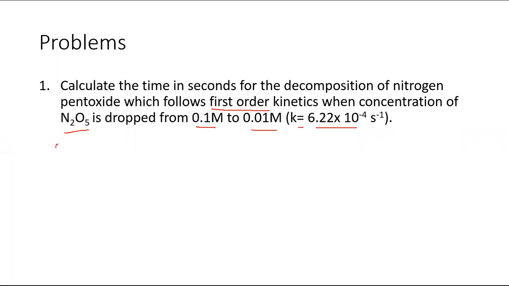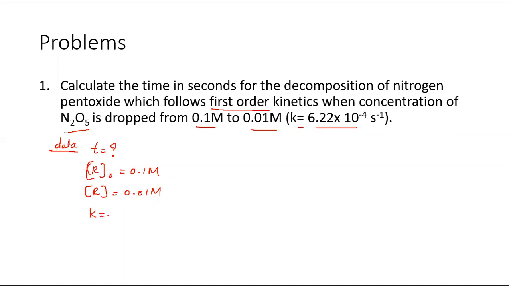Now let us write the given data, what they have given. First, what you need to calculate is time in seconds for the decomposition of nitrogen pentoxide which follows first order kinetics. So which formula we have to use? First order kinetics. When concentration of N2O5 is dropped from the initial value R0 of 0.1 molar to the final 0.01 molar concentration.